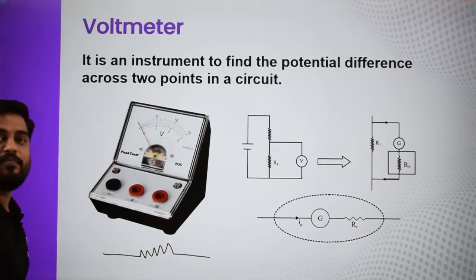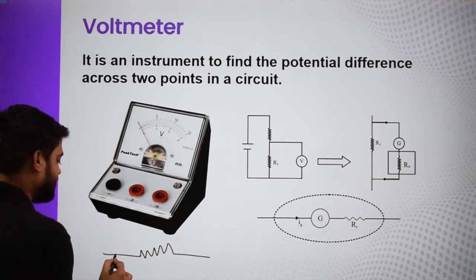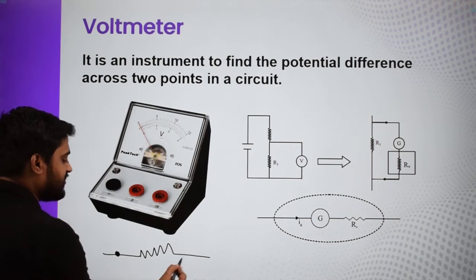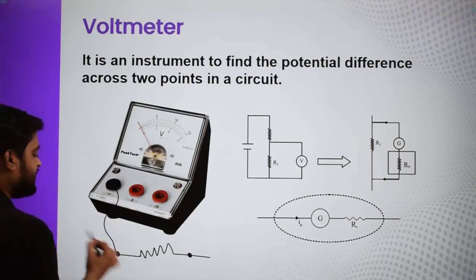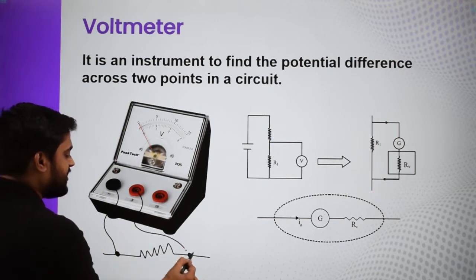and you want to get the potential difference across this resistor, basically the potential difference across this point and this point. So you just take a wire, one connection is done over here and the other connection can be done over here.